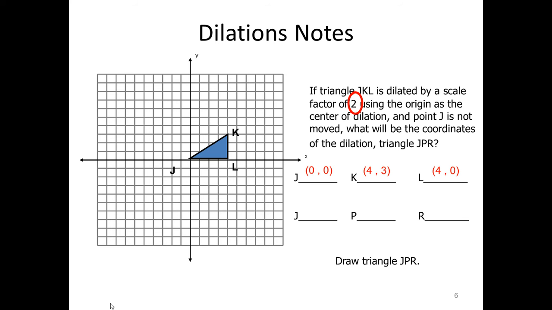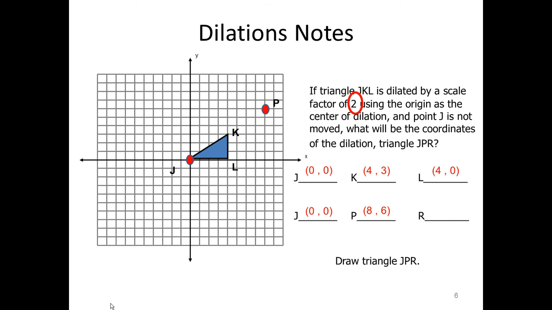And since I just need to multiply, my J is going to stay the same, but my P is going to be twice as big as my K. So 4 times 2 is 8, and 3 times 2 is 6, and that's going to give me the coordinate 8, 6.